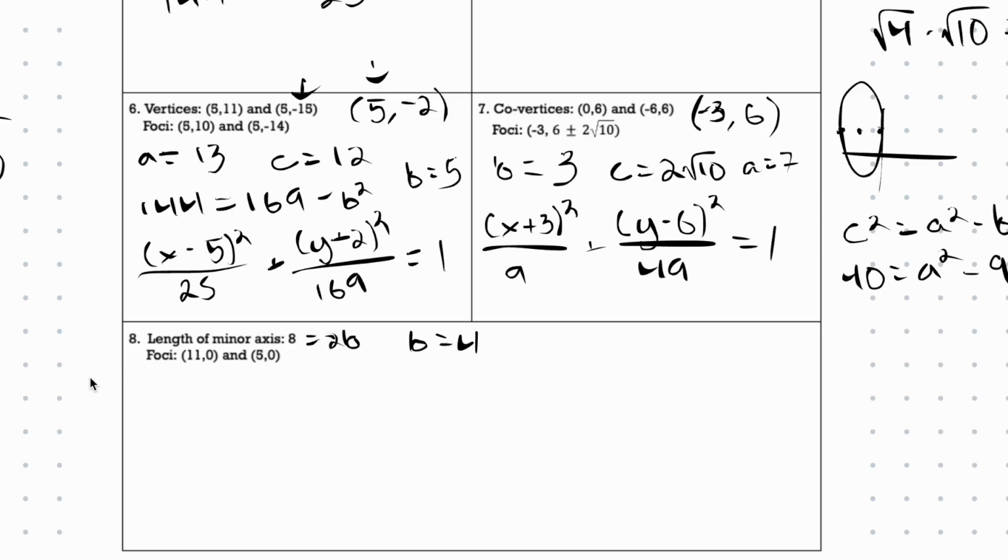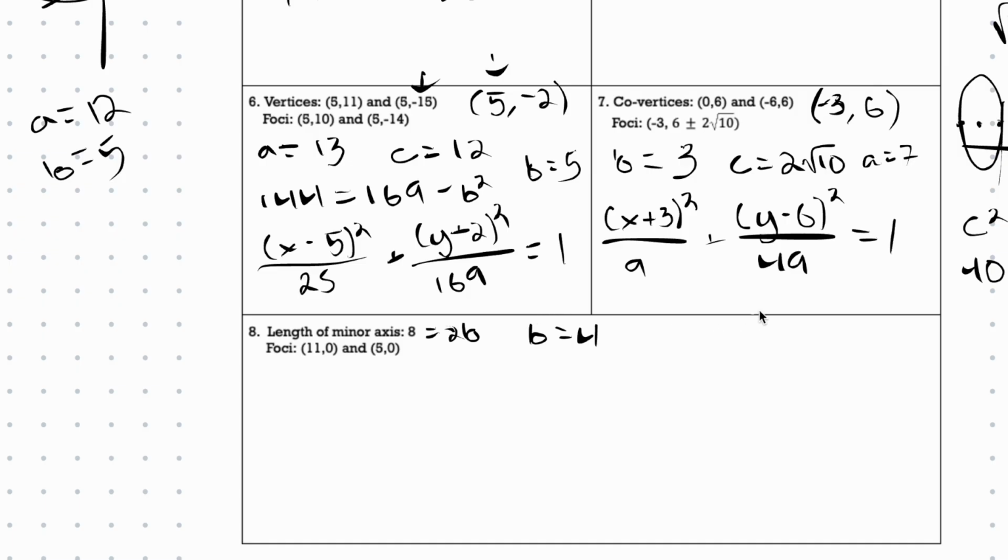So if we graph this out, you know I like visualizing things. Basically, 11, 0 is going to be, let's just say right here. 5, 0 is going to be right here.